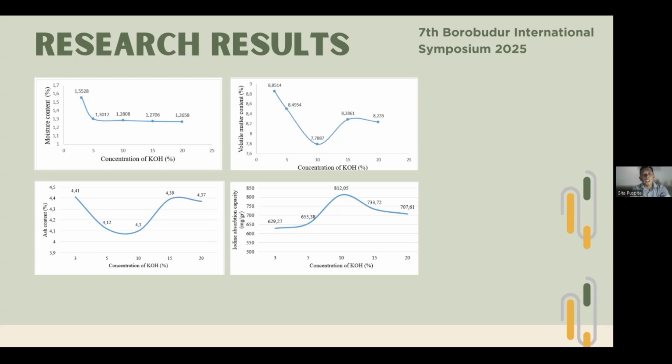This decrease is attributed to the hygroscopic nature of potassium hydroxide, which enhances its ability to bind water molecules from charcoal. Maximum water content reduction will support the physical activation process by maximizing water evaporation, which contributes to the formation of larger and more numerous pores.